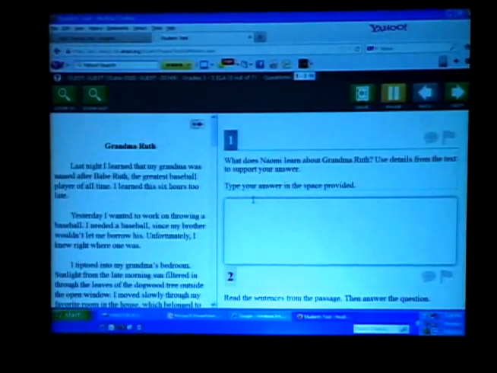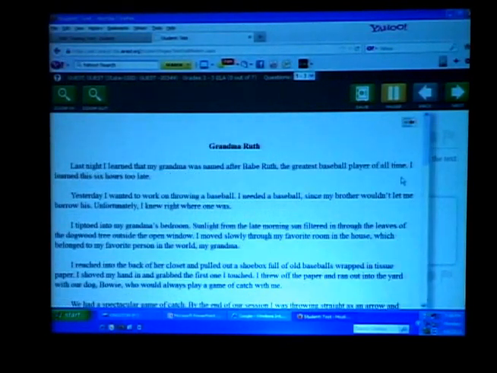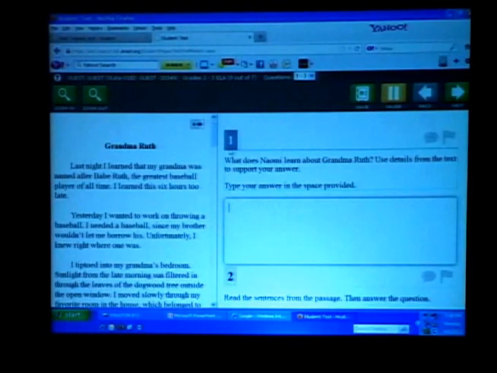So for English language arts, students will be receiving some text. They need to use the arrows to be able to expand the text so they can read, and use the arrows to decrease the text so they can answer the question types.